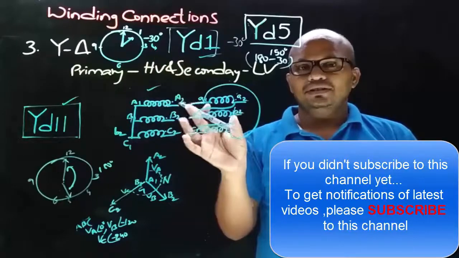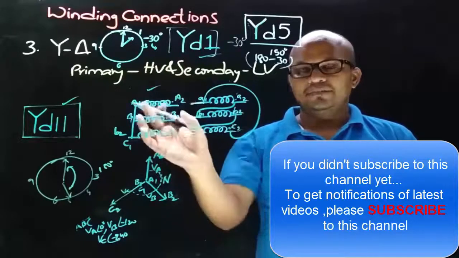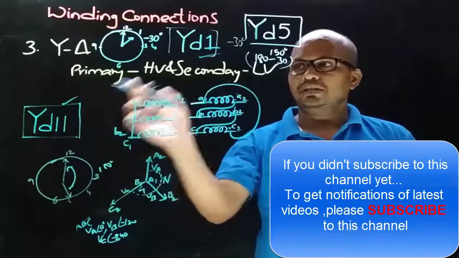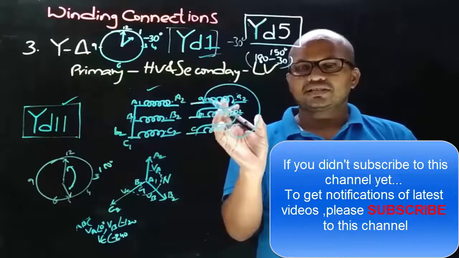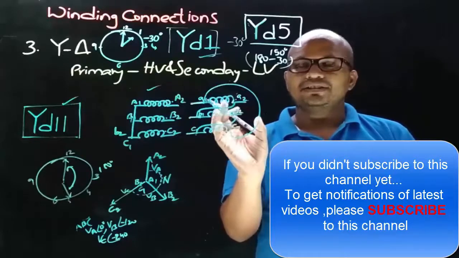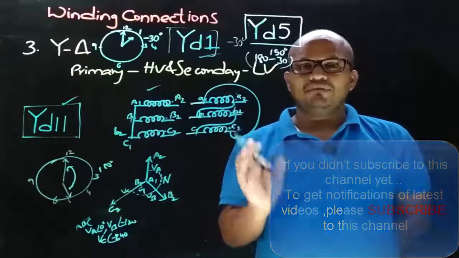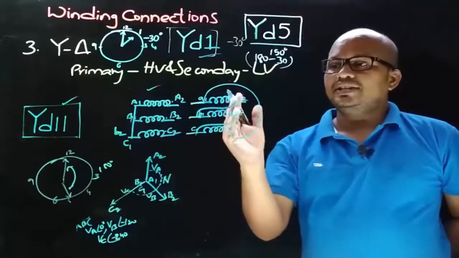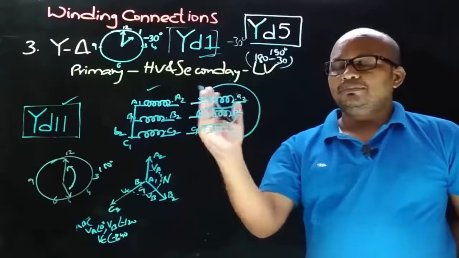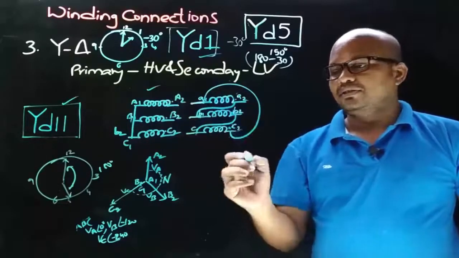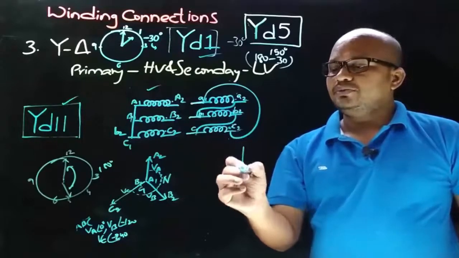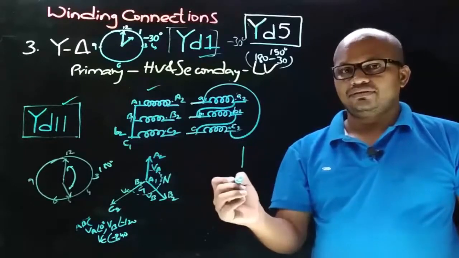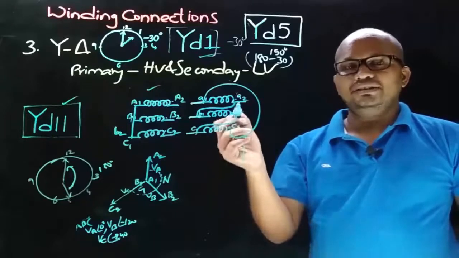And now let's draw the phasor diagram for this. The primary side phasor diagram is the same as that of all the previous three cases. And now we need to draw the phasor diagram for the secondary side winding connection, that is for the LV winding connection. So the secondary side phasor is drawn parallel to the primary side phasor. So let's draw the secondary side VA phasor parallel to the primary side VA phasor. And now let's decide the direction.